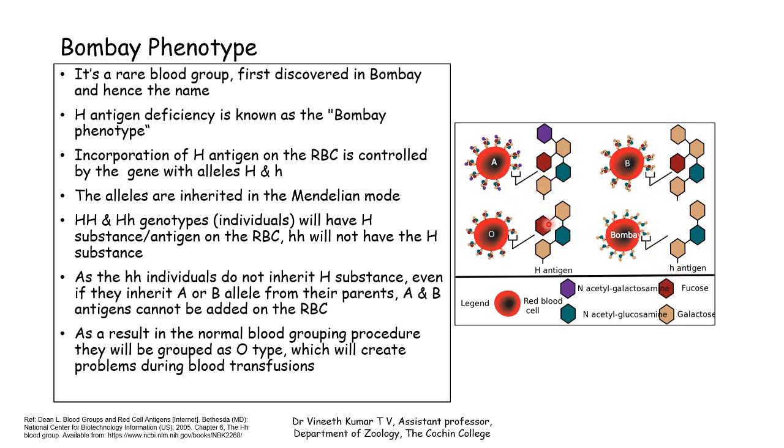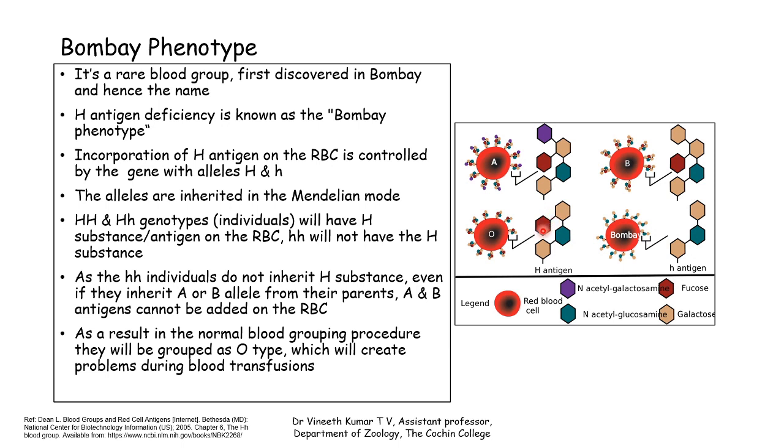The last step of the completion of H substance formation, that is the addition of fucose, does not take place. Because fucose is not added, the H antigen is not complete. The terminal residue is not being added because that enzyme is absent.